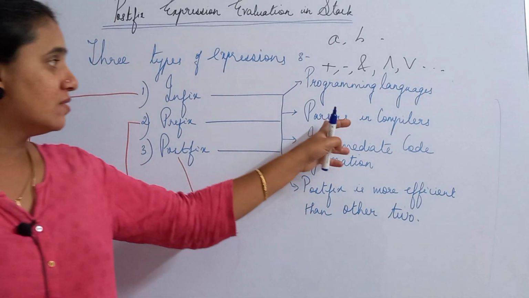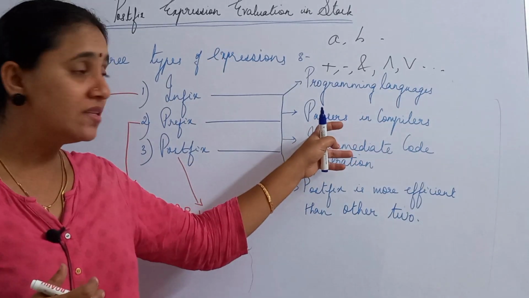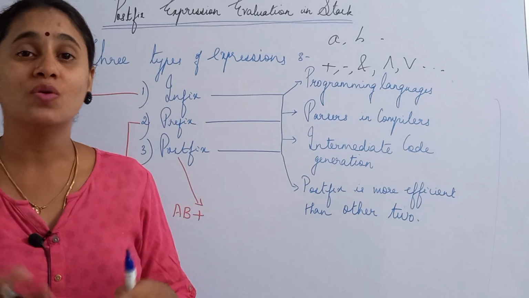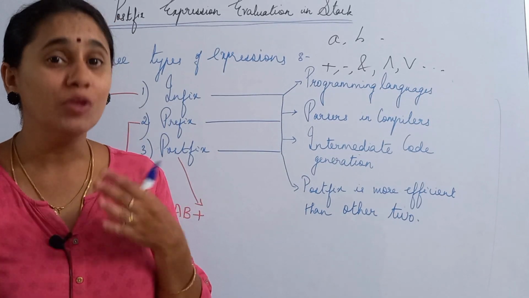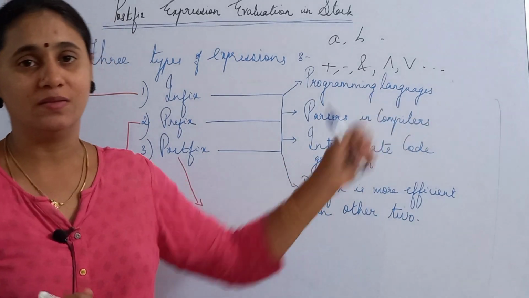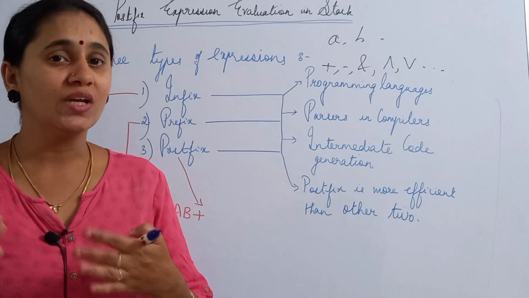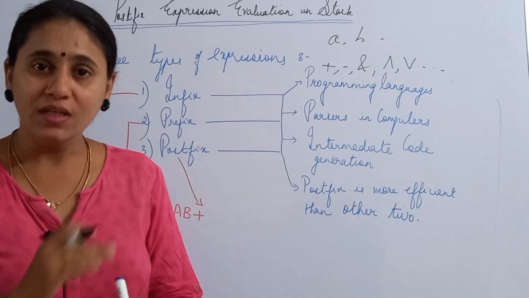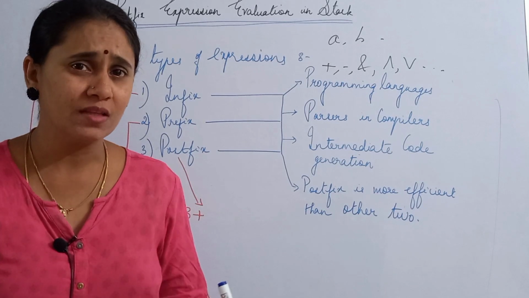Next, these expressions are used in parser generation. So what is called a parser? Parser is a very important topic that we will learn in compiler design, where we can see this concept in a deeper manner. Now I'll tell you what a parser is.